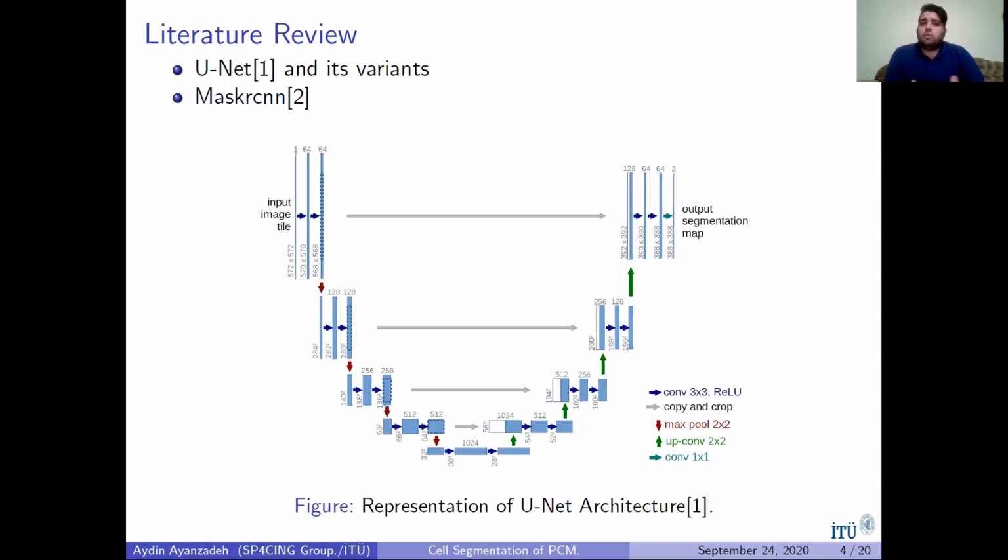Due to the lack of annotated images in medical applications, UNet is very suitable for this task, and also because of its autoencoder architecture, which has the capacity to train the method with a low number of annotated images.